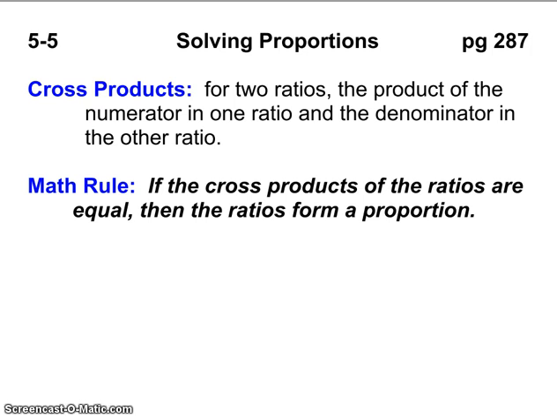You get the same answer. So remember the math rule: if the cross products of the ratios are equal, then the ratios form a proportion. Today what we're looking at are proportions that are missing a value, and you have to find the missing value. So let's take a look.